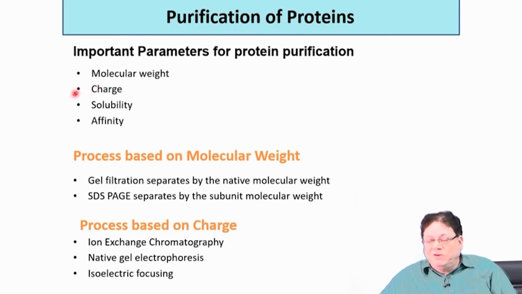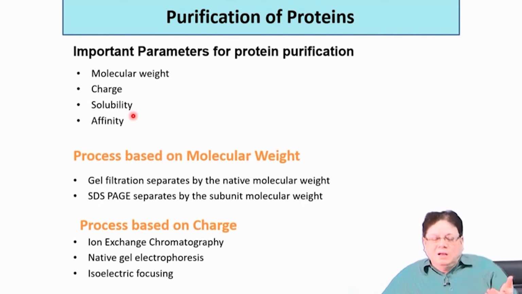There can be differences in solubility in buffer or in water, or there could be some affinity for a particular agent, and we can utilize that affinity to separate protein molecules.